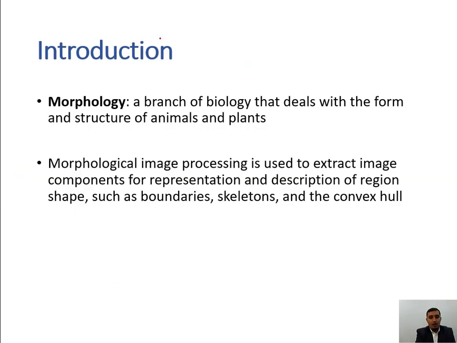So what do I mean by morphology? It is a branch of biology that deals with the form and structures of animals and plants. Morphological image processing is used to extract image components for representing and describing region shapes such as boundaries, skeletons, and convex hull.